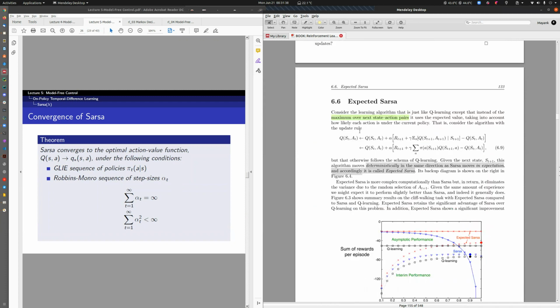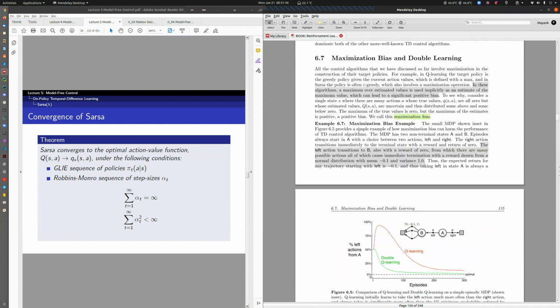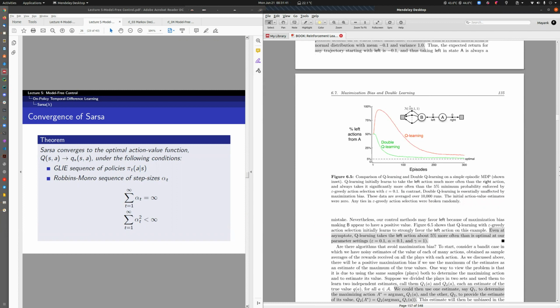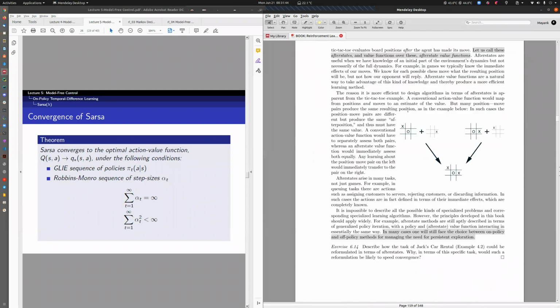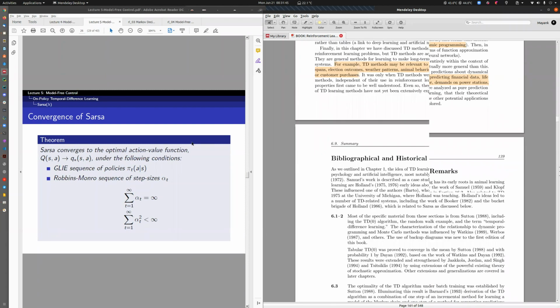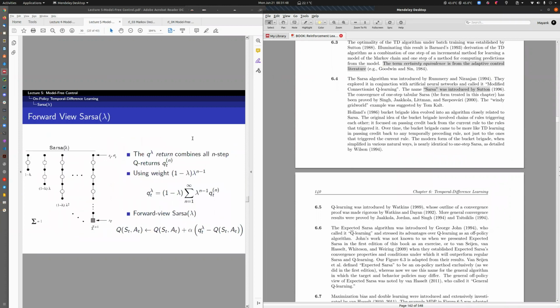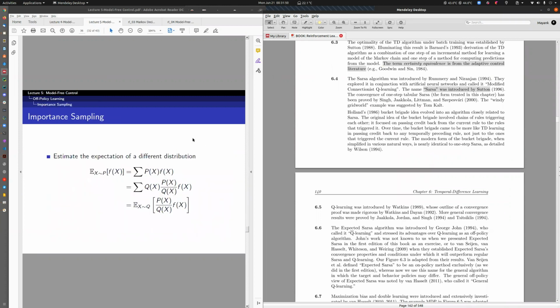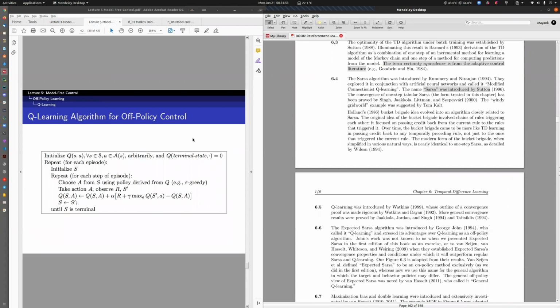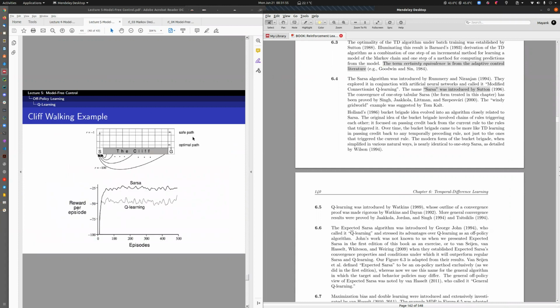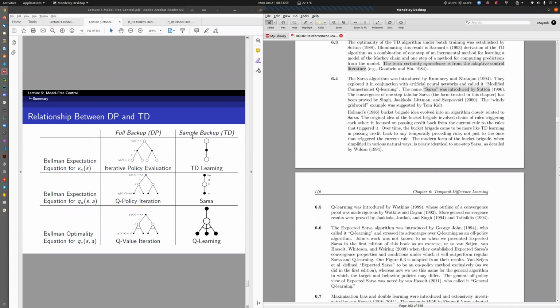Then the double Q learning approaches, and the convergence properties of that. So from a mathematical perspective, this forms the basis of the things that we do. We will take a look at the relationship between DP, TD, and MC methods.